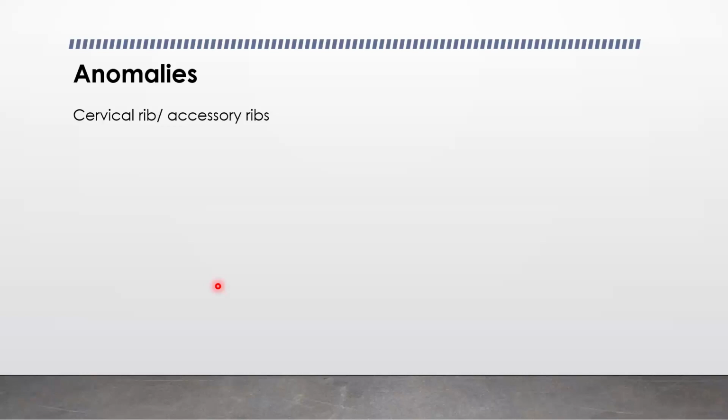Another anomaly that I didn't put here is known as the gorilla ribs. They are called gorilla ribs because gorillas have six lumbar vertebrae, unlike in humans where you have 5.